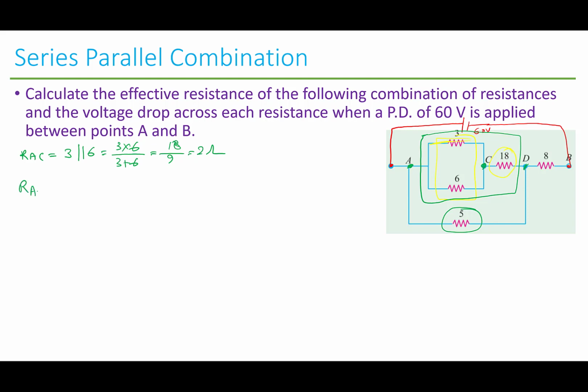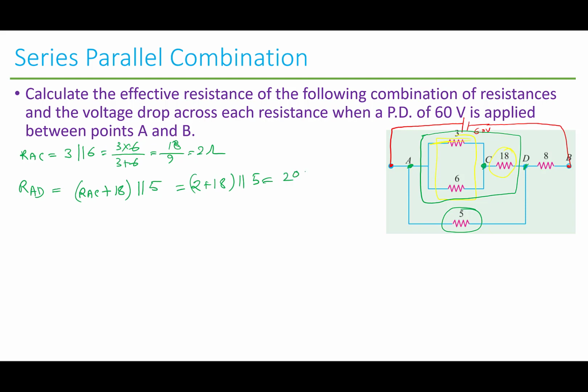So RAD is basically RAC, which is connected in series with 18 ohm, and this whole combination is in parallel with 5 ohm. RAC we know is 2, so basically it will be 2 plus 18 in parallel with 5.